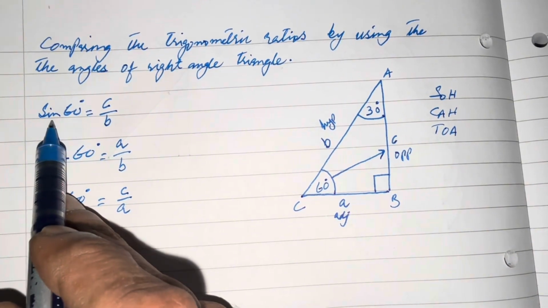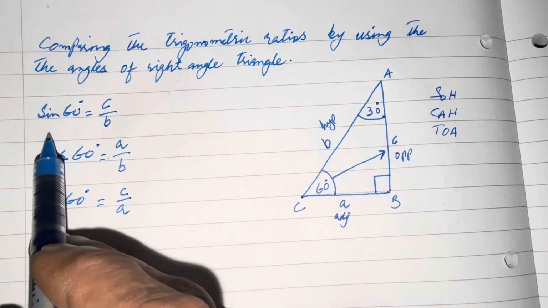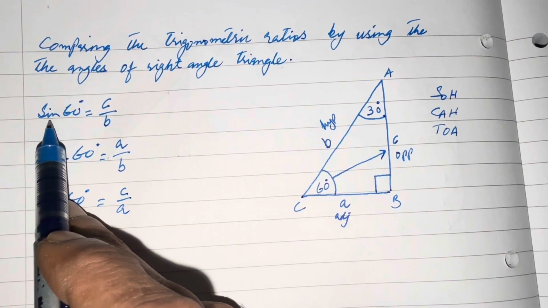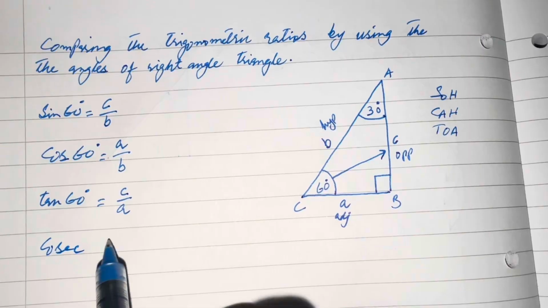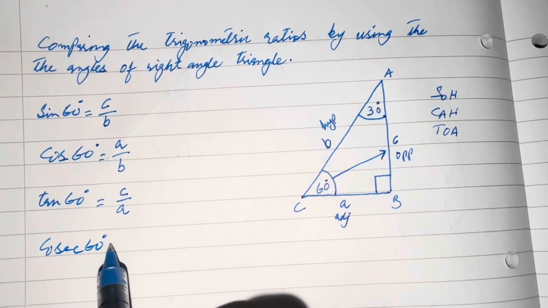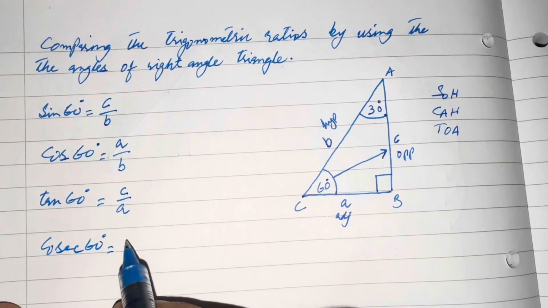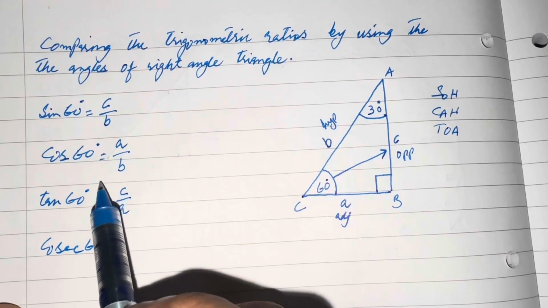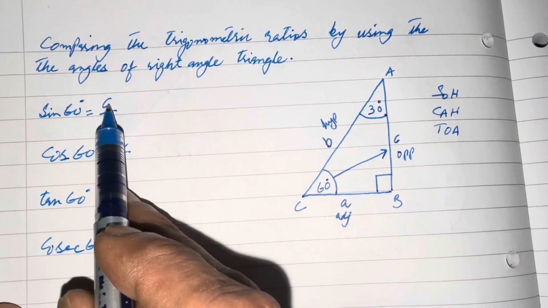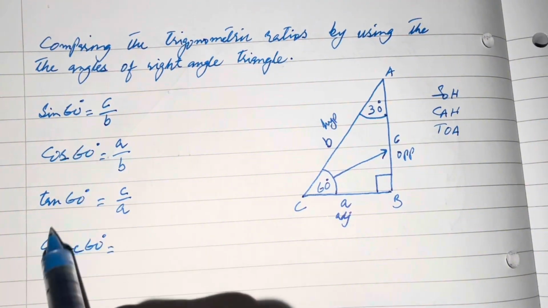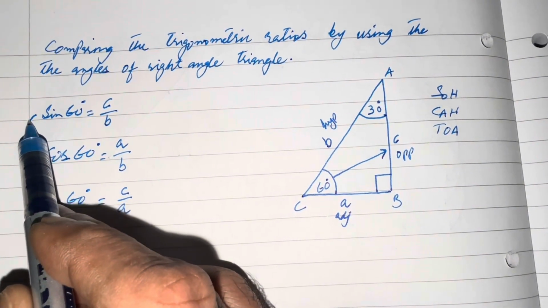So now check: the opposite of sine is cosecant. So cosecant 60 will be equal to b over c. Cosecant is the reciprocal of sine.